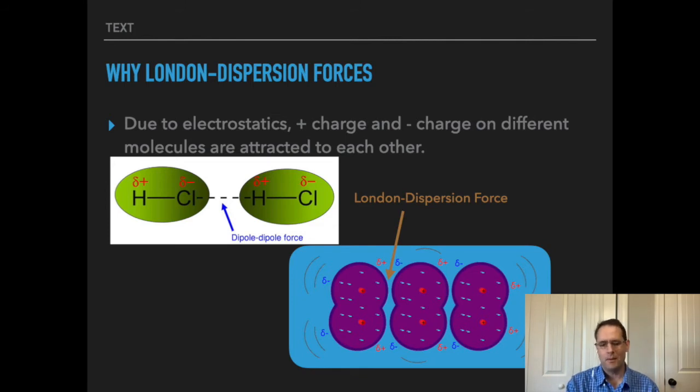Again, it's just opposites attract. So I've got a drawing here of what looks like a diatomic molecule. We could call that nitrogen, for example. And you've got delta plus and delta minus parts of the molecule. We're not attributing that to a certain bond or a type of element.